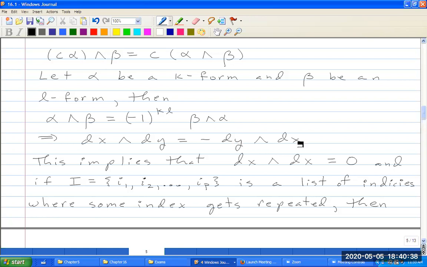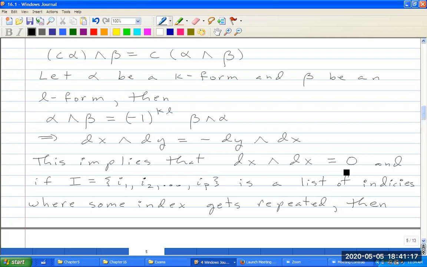So if I change the order of these d's, if I just permute two of them, then the sign changes. Okay. This implies that if you had an x here, dx wedge dx is minus dx wedge dx. So if you added dx wedge dx to both sides, you'd have 2 dx wedge dx is 0, divide by 2, so dx wedge dx is 0.